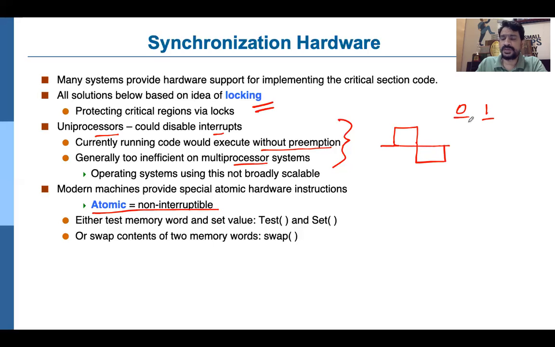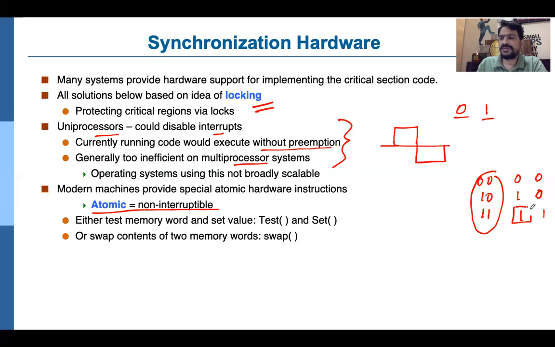You know that a bit is the lowest unit of storage, and that is the reference for atomic. 0 cannot be further divided, and 1 cannot be further divided. But instructions like 0 0, 1 0, or 1 1 can be divided: 0 0 into 0 and 0, 1 0 into 1 and 0, 1 1 into 1 and 1.